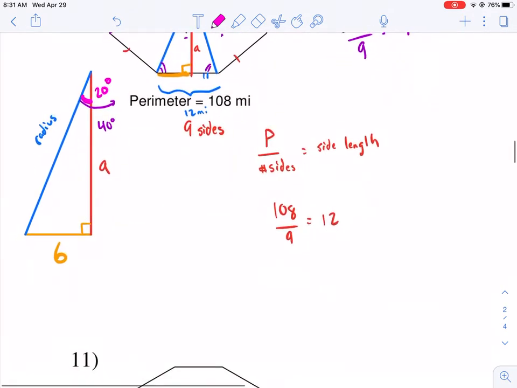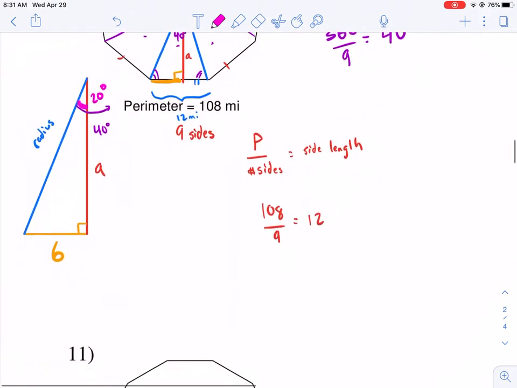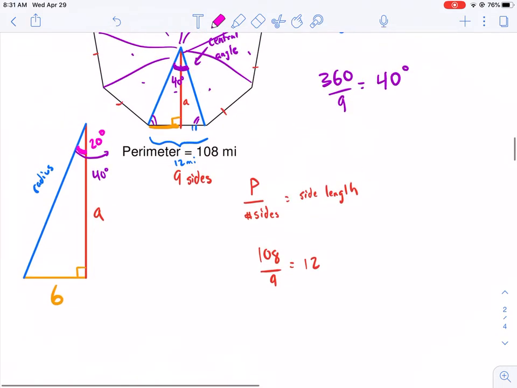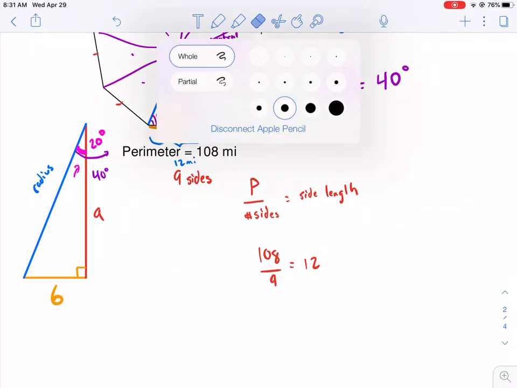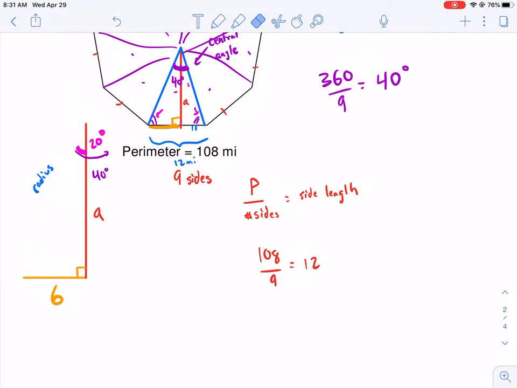We're going to use that 20 degrees so we don't have to figure out the other angle. Now, if you wanted to, you could, because we have 90 and 20, which makes this 70. Or I can use the properties of isosceles triangles to figure out that this and this are both 70, because 70 plus 40 need to add up to 180. It's your choice, but we can go ahead and use just the 20.